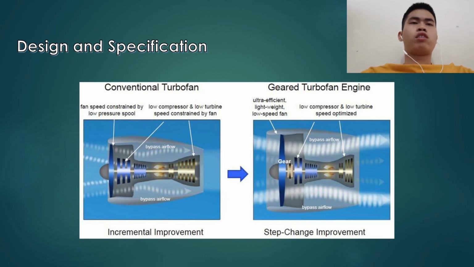In a conventional turbofan, a single shaft connects the fan, the low pressure turbine, and the low pressure compressor. In this configuration, the maximum tip speed for the larger radius fan limits the rotational speed for the low pressure shaft and thus the low pressure compressor and turbine.